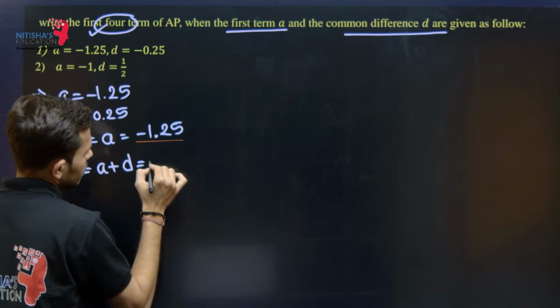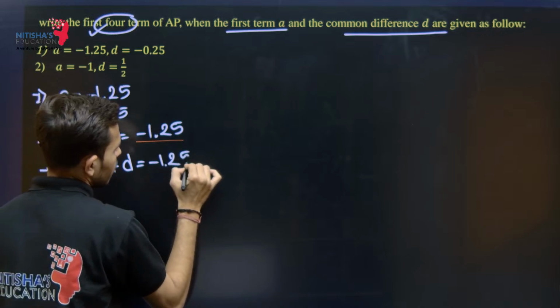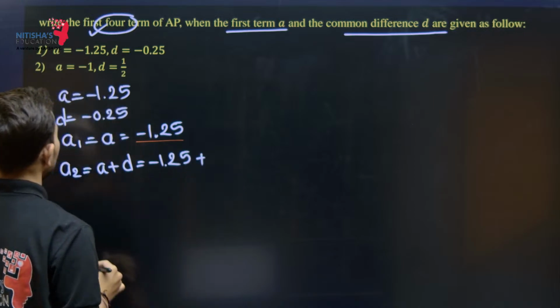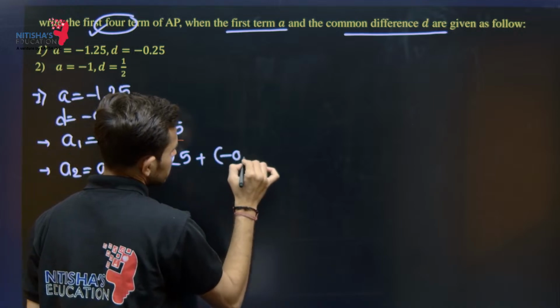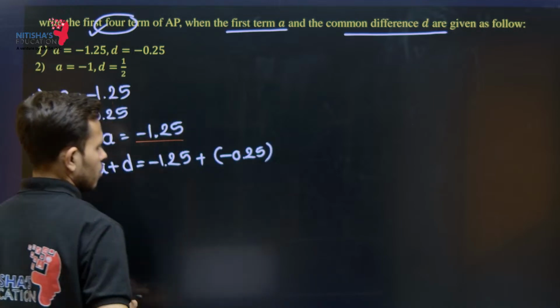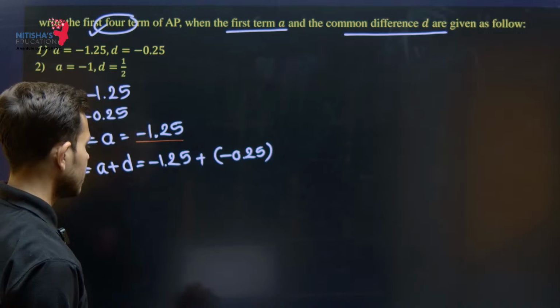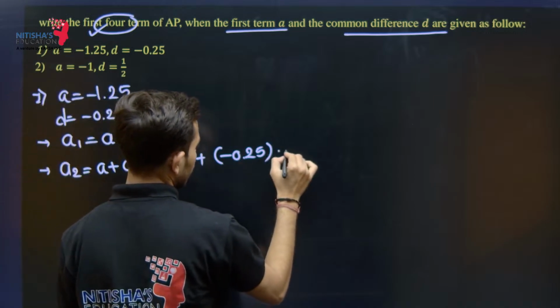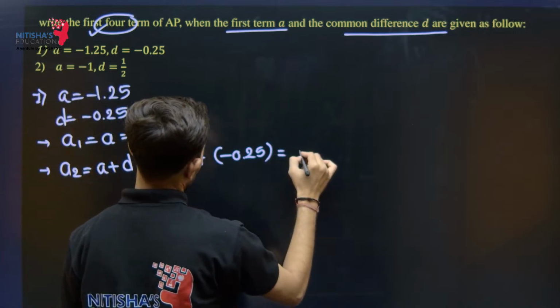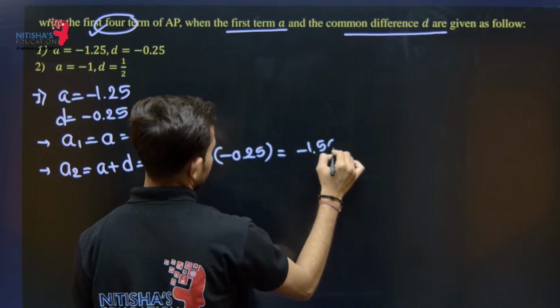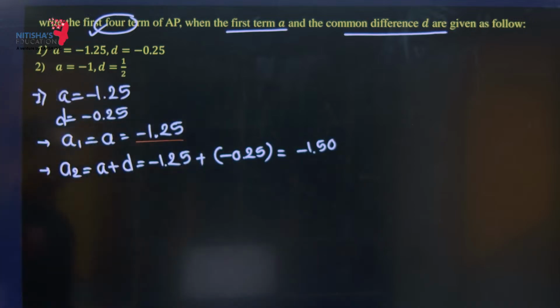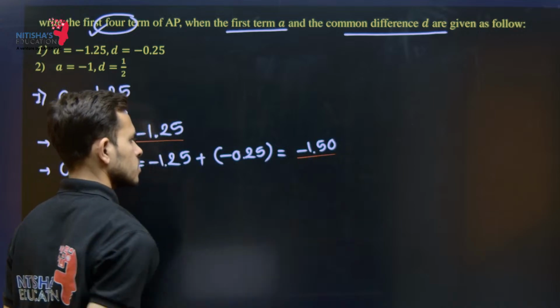What is the value of a? It is minus 1.25 plus, what is the value of d? It is minus 0.25, right? There is the same sign, so you need to add both values, then it will become minus 1.50. So this is our second term of the AP, right?